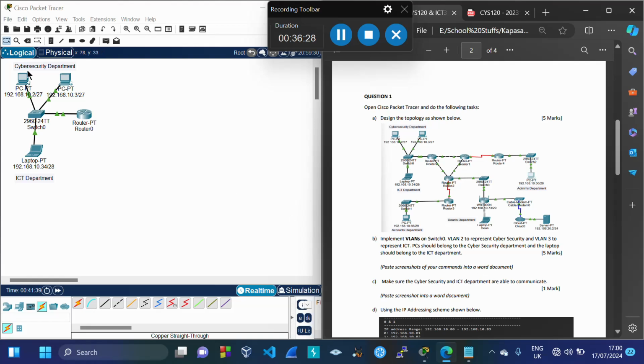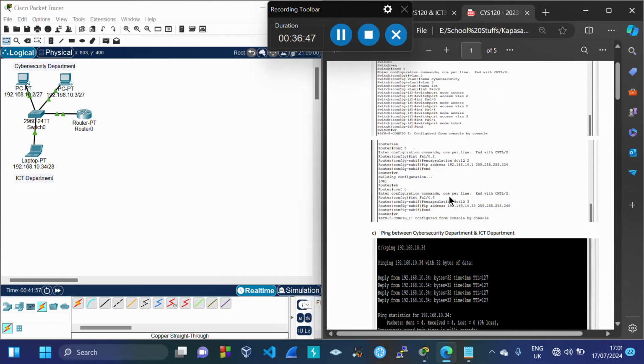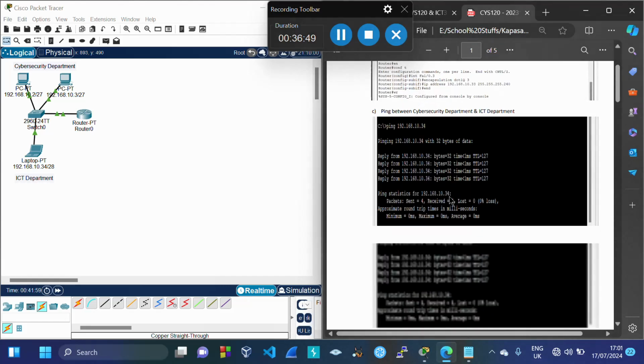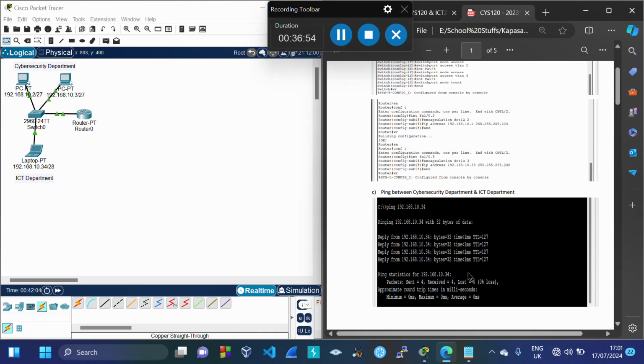To do that, we used this device for cybersecurity, then we pinged this laptop for the ICT department, so that we are able to communicate. They are saying paste the screenshot into a Word document, so you just paste that screenshot of your ping. So that's the screenshot, as you can see. Do it like that.